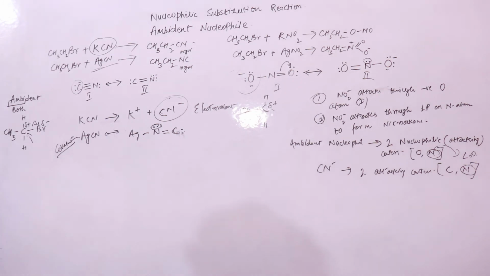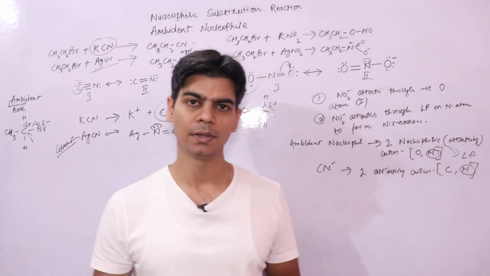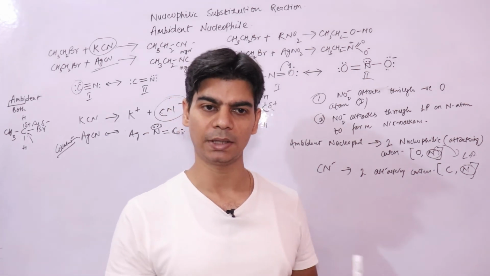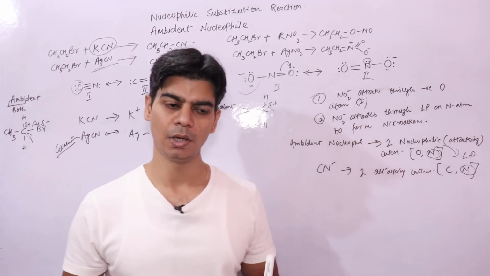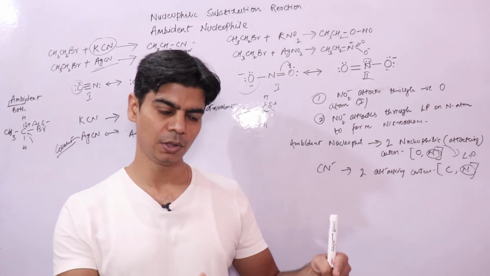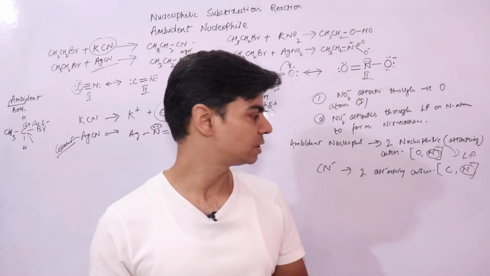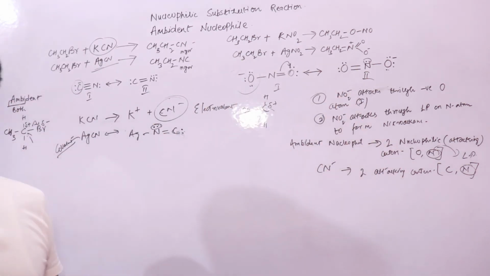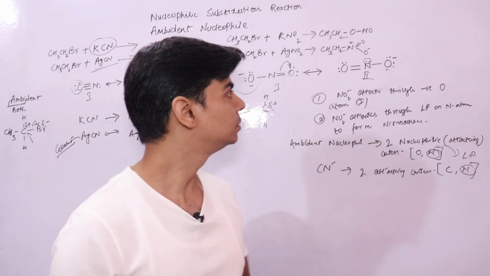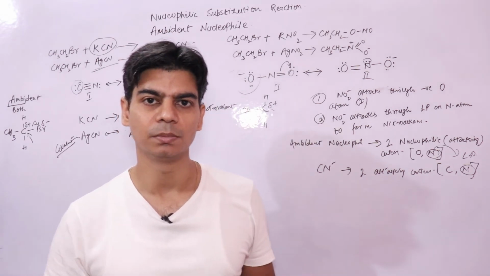Here the important thing is to understand that there are certain types of nucleophiles that can attack through two sites, that have two nucleophilic centers or two attacking sites, through which it can attach itself to the electron deficient carbon atom to form two different products, which are structural isomers, right.